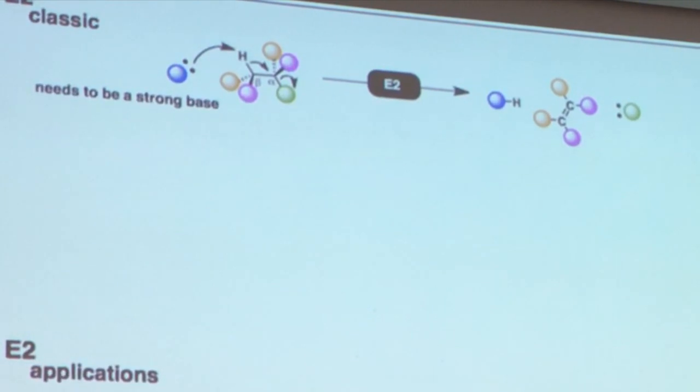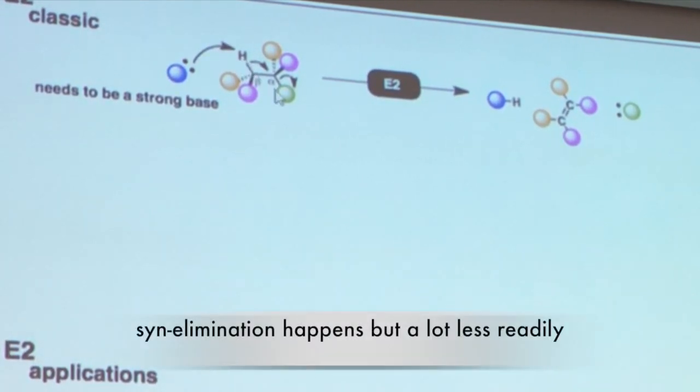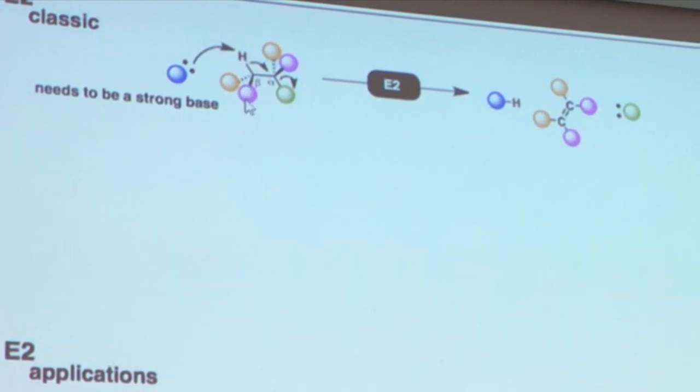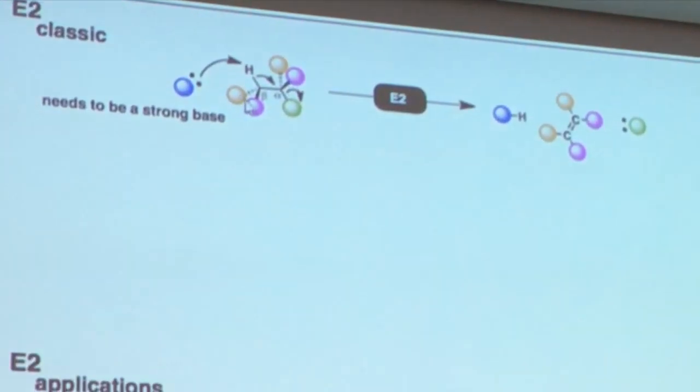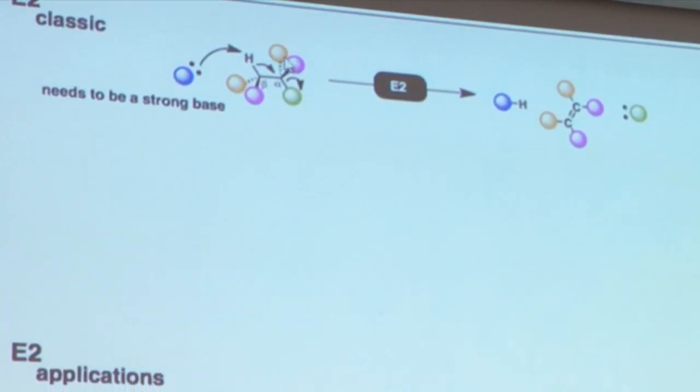Elimination. What does this mean? What's special about H and the green ball here? Yeah, they have to be anti to each other. This classic E2 will not happen from any other conformation. It has to be anti to each other. And when that happens, look, the purple balls, are they pointing your way? Both of them? Yeah, this is bold and this is bold. This is purple and this is purple.